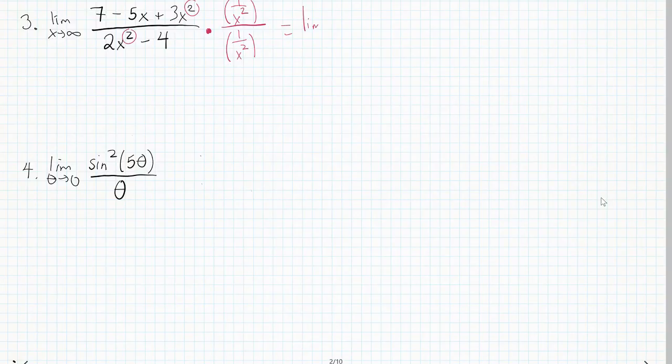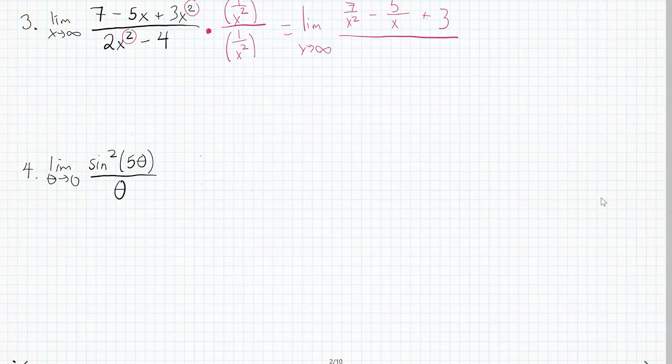So notice this becomes the limit as x approaches infinity of, you get 7 over x squared minus 5 over x, because 5x over x squared just reduces to 5 over x, and then 3x squared over x squared, that becomes just 3.